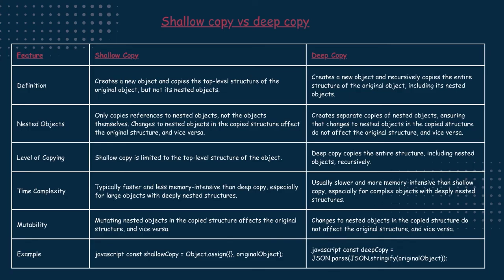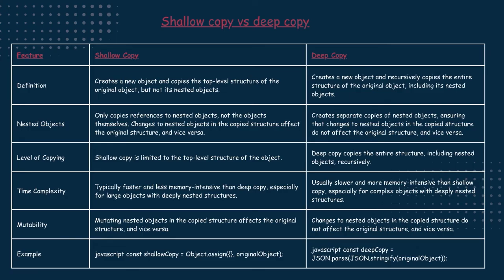Okay, suppose you have a very huge object. It has 1000 keys and values. Then do you think this is the better way to do it? Because we are converting that object to a string and then again the string to an object. Okay, so there is one option, structuredClone.